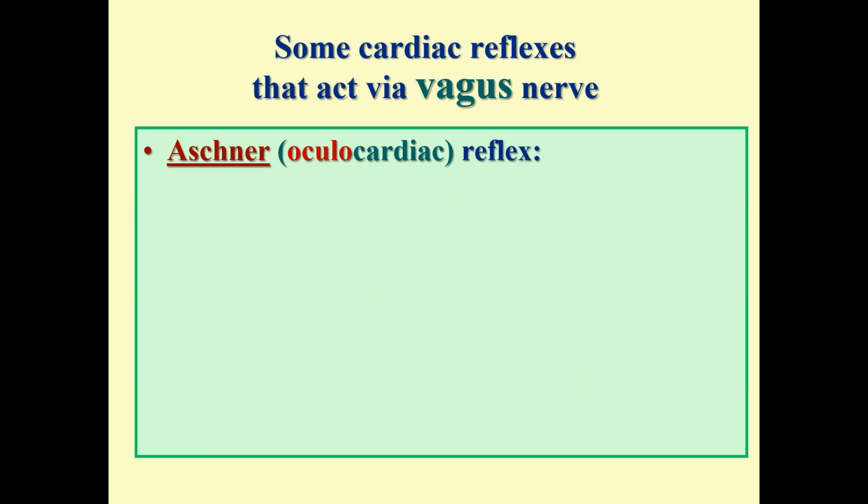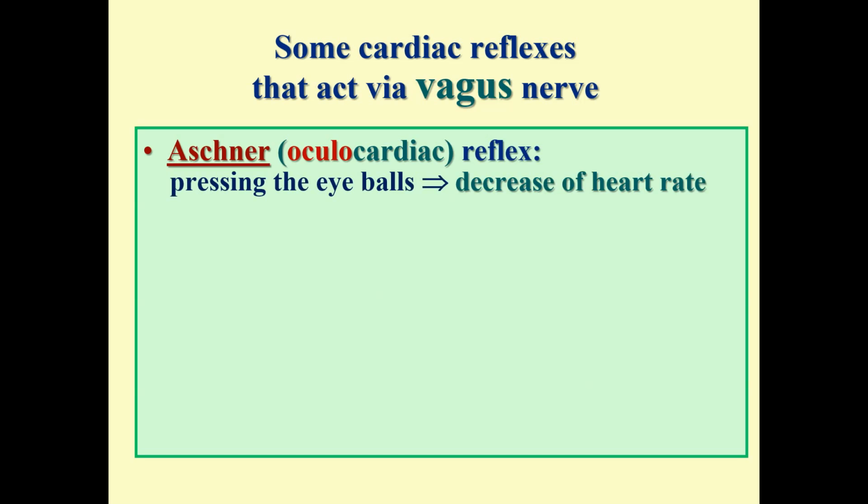Examples. First, Aschner reflex, which is also called the oculocardiac reflex. If we press the eyeballs, of course without very strong force, a moderate press on the closed eyes through the lids produces a decrease of heart rate.